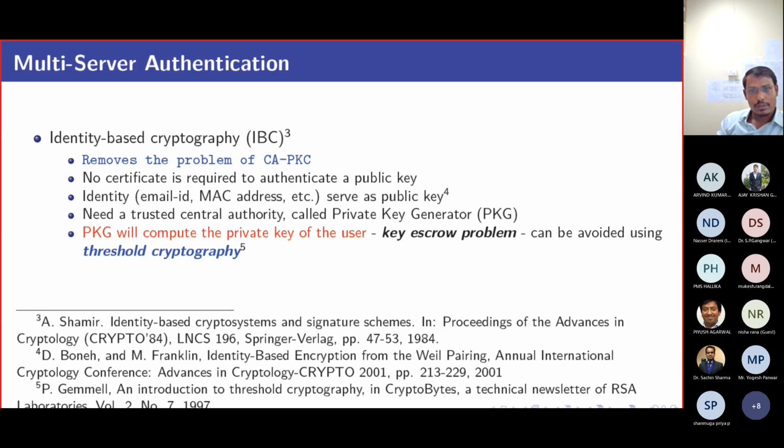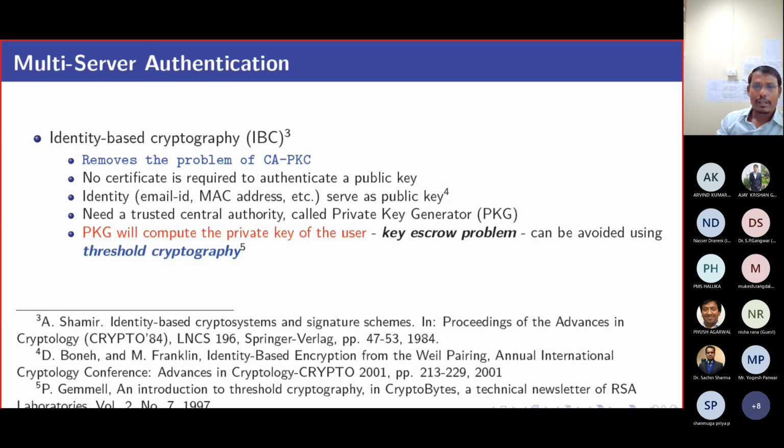We have a certain technology to overcome this. That is, we can use the concept of threshold cryptography. Here the computation of the private key involves the private key of the PKG. So instead of one PKG, in threshold cryptography multiple PKGs are involved.